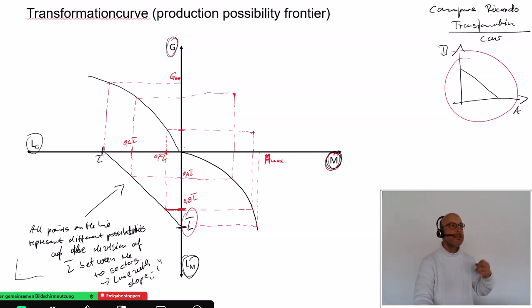So of course, this construction we have to do for every point lying on this line. Well, I will end up here with these 2 points because the general shape of our transformation curve we see already.